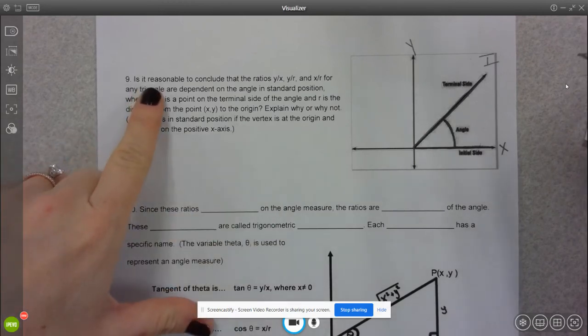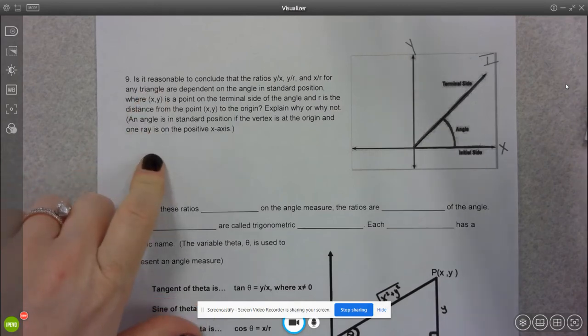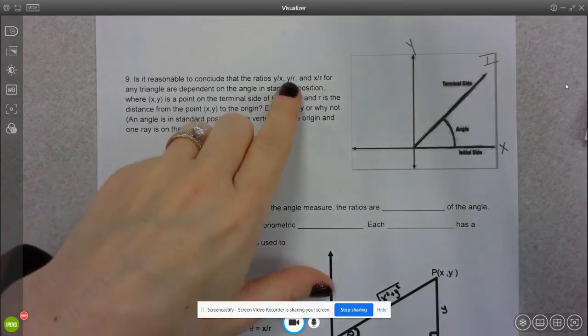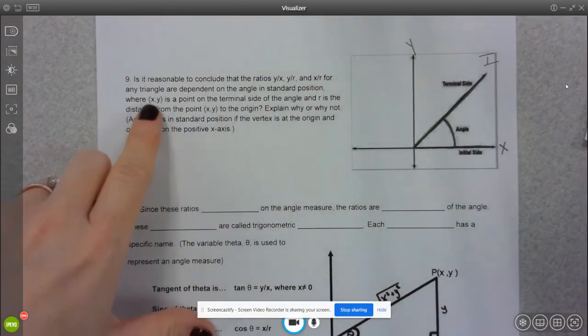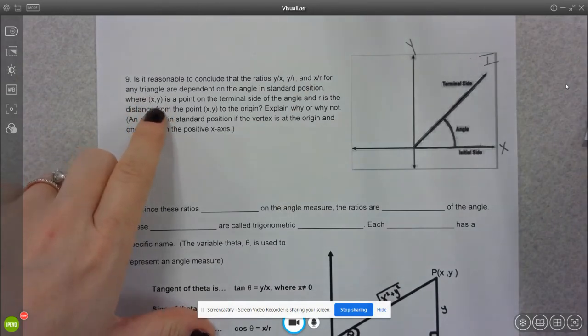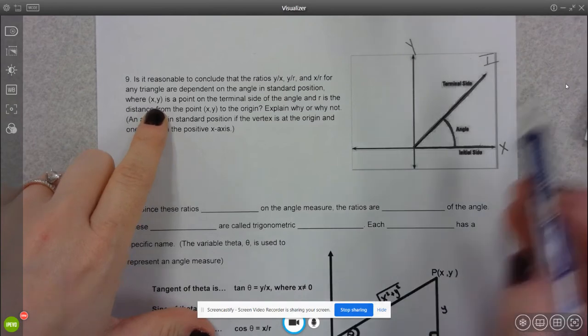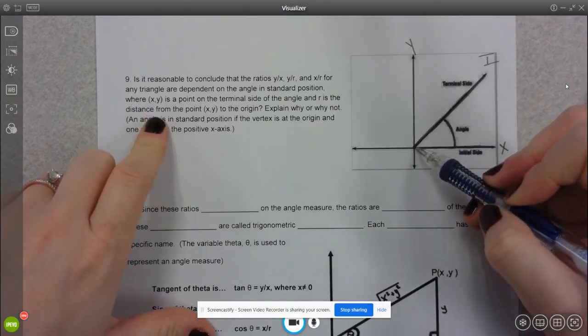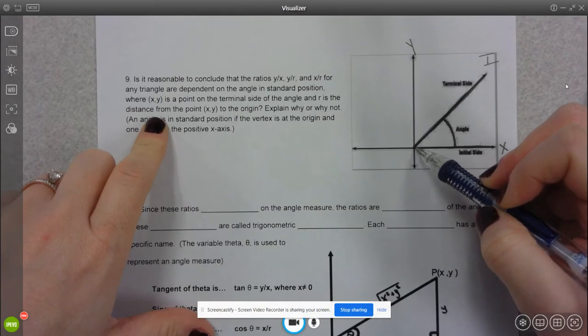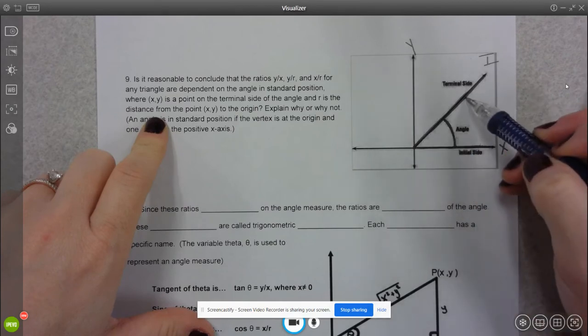So, is it reasonable to conclude that the ratio of leg to leg, leg to hypotenuse, and other leg to hypotenuse for any triangle depend on the angle in standard position, where x, y is on the terminal side and r is the distance from the point wherever it may be to the origin?